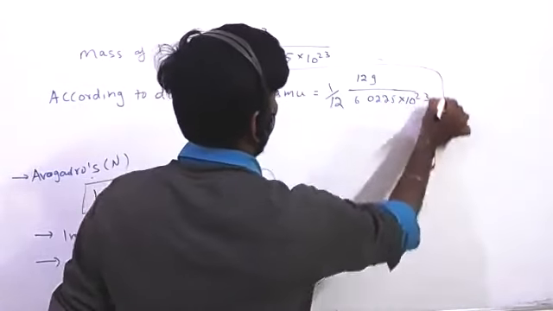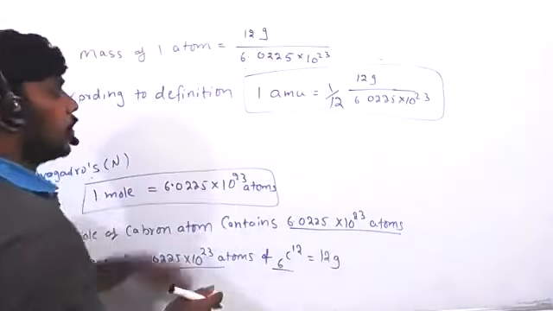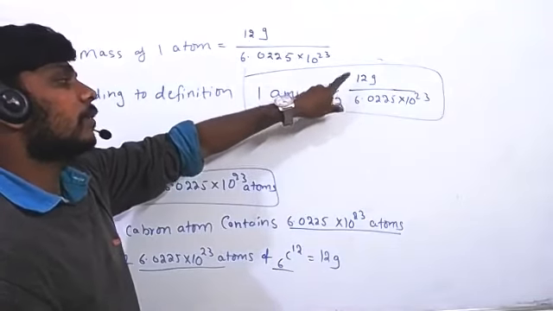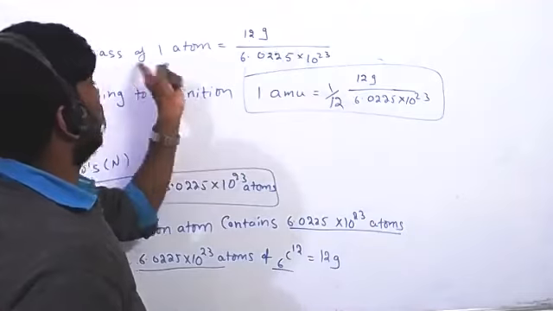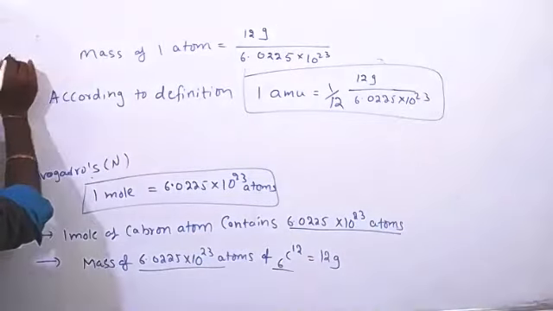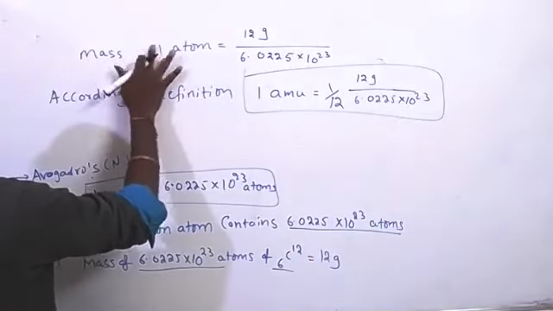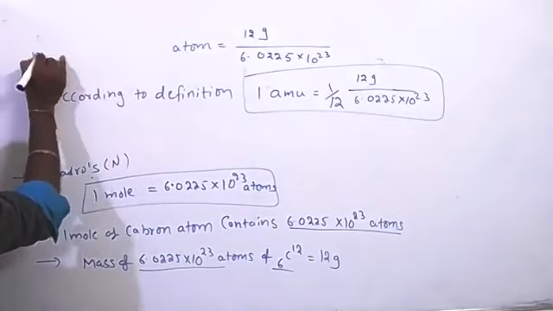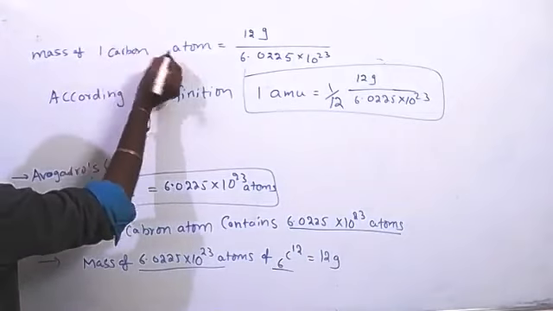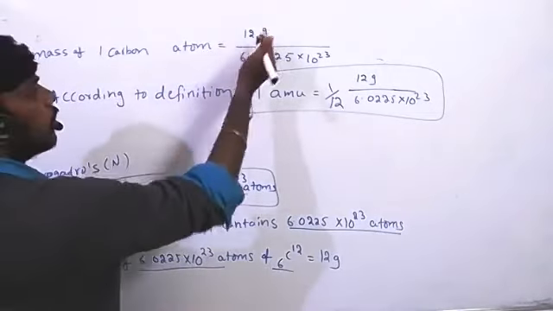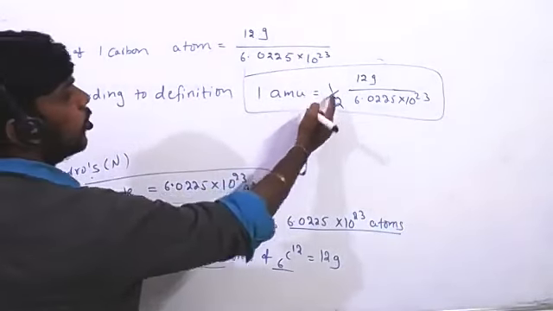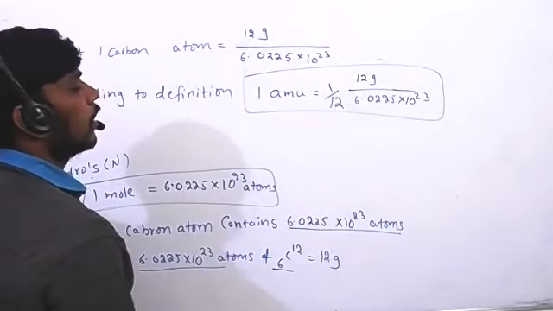So according to the definition, 1 AMU is equal to 1/12th the mass of a carbon atom.